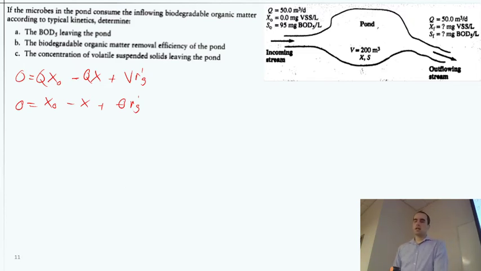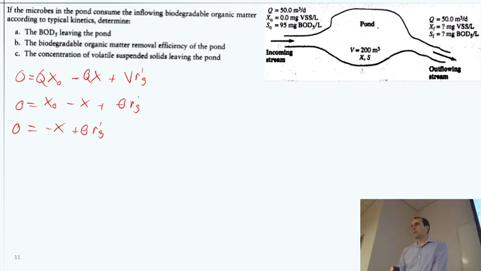Then another thing that we ought to recognize is x naught was given as 0 right here. So that's going to certainly change this a little bit. That's going to be just simply minus x plus theta r prime g.